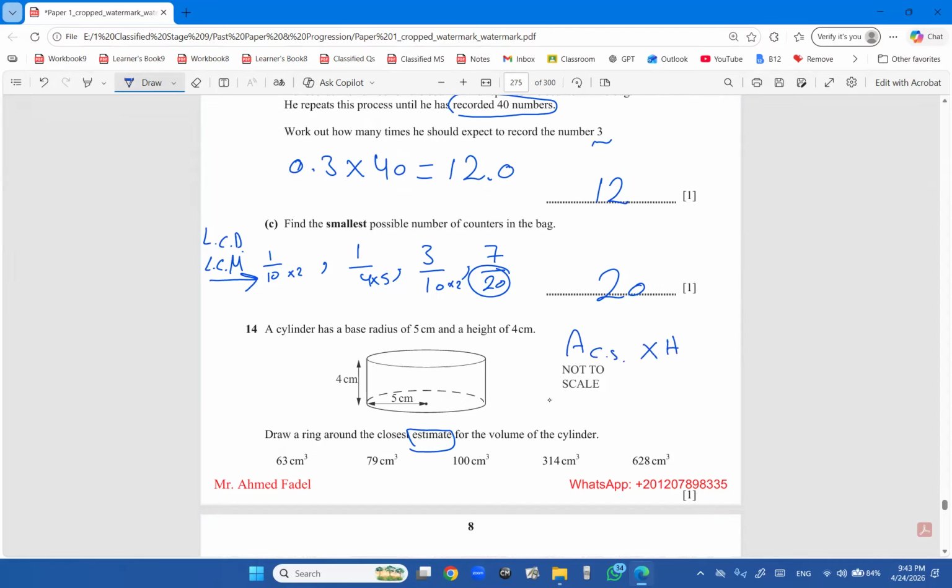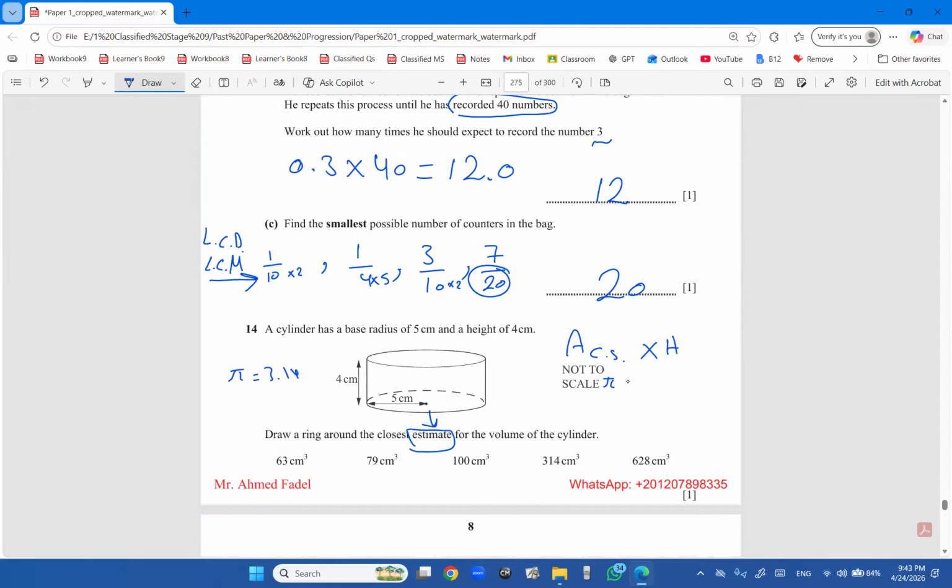The area of the cross-section is pi times r squared. We know pi is 3.14, but let's round it since they are requesting an estimate, so I'm going to say pi is 3.